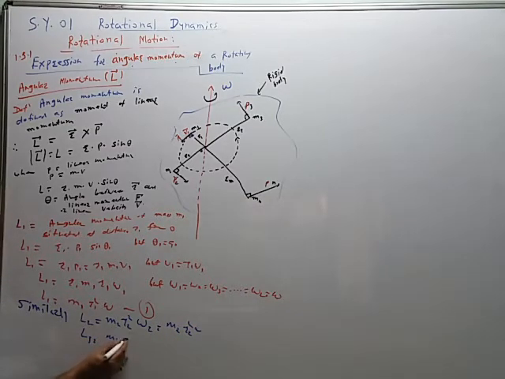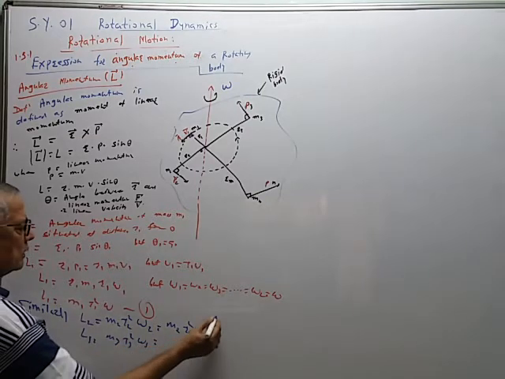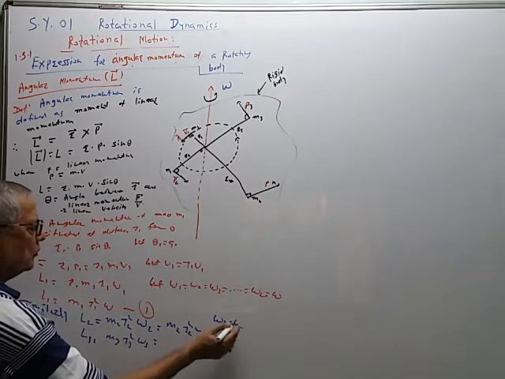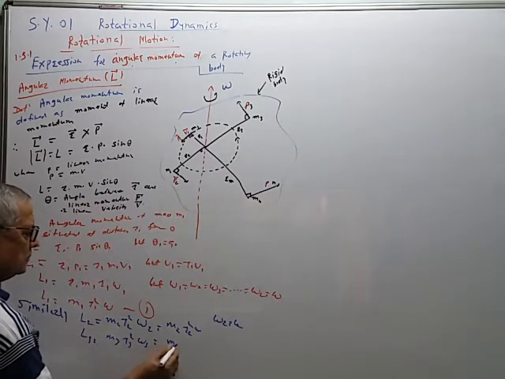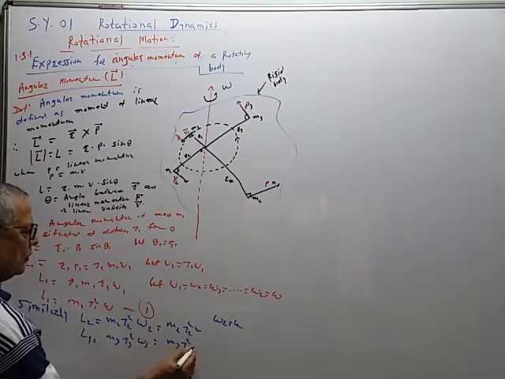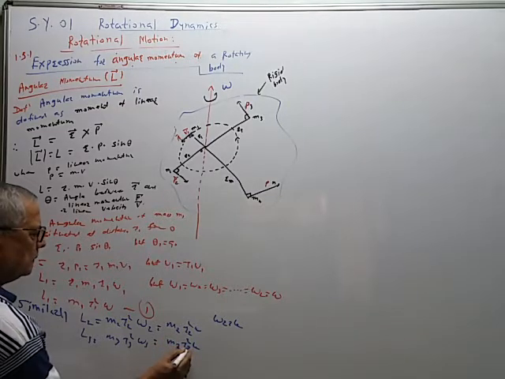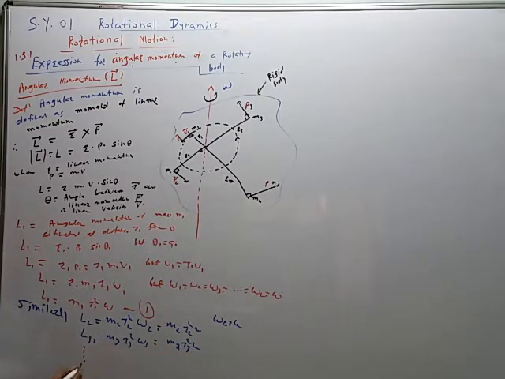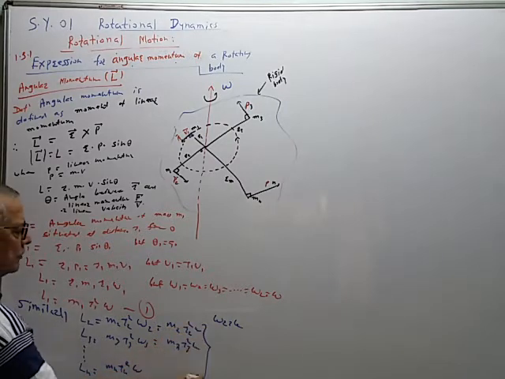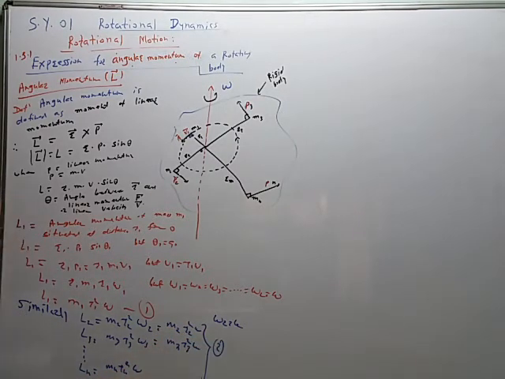L3 is given by m3 r3 square omega 3, but using this relation, m3 r3 square omega. Ln is equal to mn rn square omega. So all these equations have the common number 2.